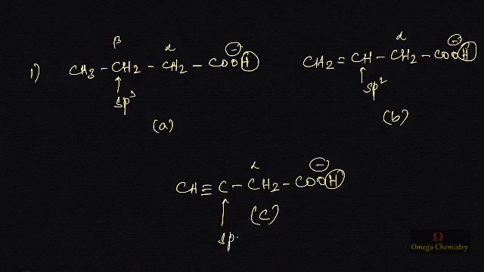So sp hybridized carbon will effectively withdraw electron density in this direction, so that the negative charge generated on the oxygen in this conjugate base will be stabilized by drawing more electron cloud, and by the spreading of negative charge throughout the compound. So that's how compound C will be more stable than compound B, and B more stable than compound A.